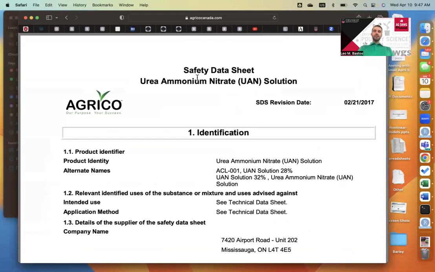So this is the safety data sheet for urea ammonium nitrate solution by this company, Agrico. It is at 28%. And here you can see that they also sell 32% nitrogen. If you have a different nitrogen concentration, the density is going to be slightly different, so especially if you're working with UAN, pay attention to that component.